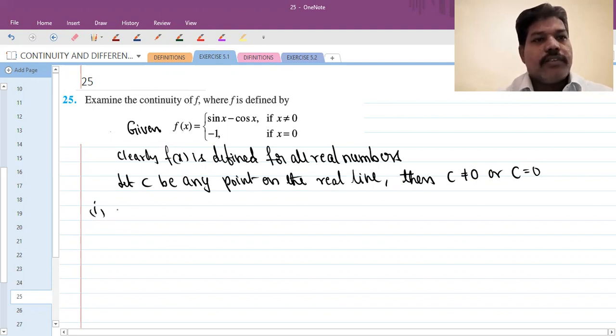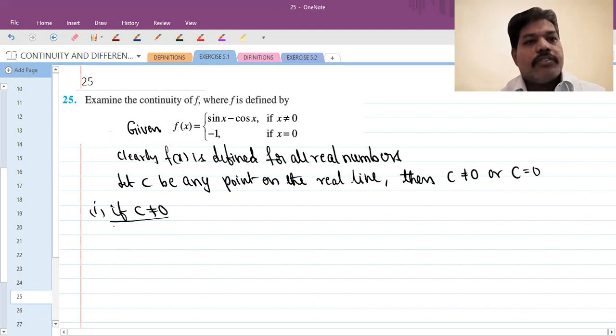So see that one, students. If C is not equal to 0, then what happens? Then f of C is equal to sin C minus cos C. Similarly, you can take the limit as x tends to C of f of x.